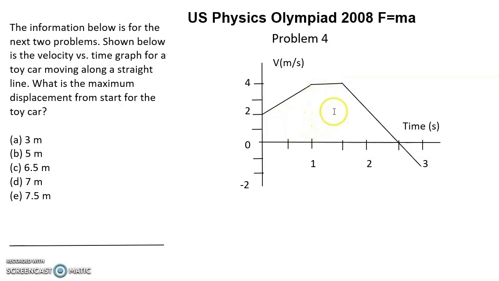Total is 5. And last is a triangle from 1.5 till 2.5. The base is 1 and the height is 4, so the area of this triangle is 2. So total is 3 plus 2 plus 2, which is 7. Correct answer is D, 7 meters.